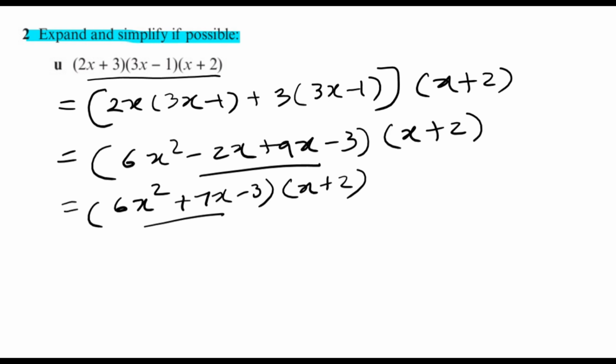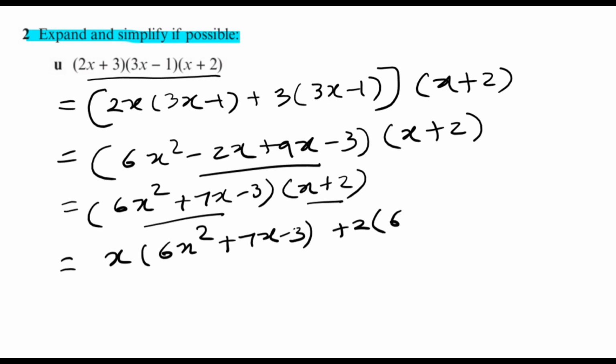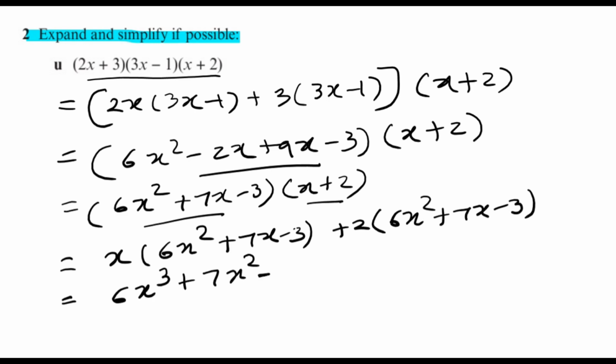Now there are 3 terms here. So I will choose this bracket to write first. x into the bracket 6x squared plus 7x minus 3, plus 2 into 6x squared plus 7x minus 3. So 6x squared times x will give me 6x cubed plus 7x squared minus 3x plus 12x squared plus 14x minus 6.